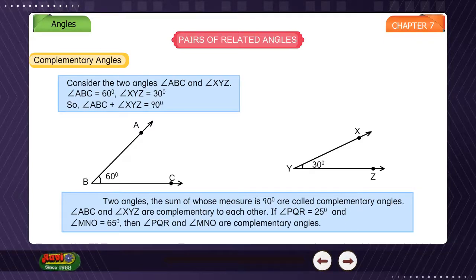Angle ABC and angle XYZ are complementary to each other. If angle PQR is equal to 25 degrees and angle MNO is equal to 65 degrees, then angle PQR and angle MNO are complementary angles.